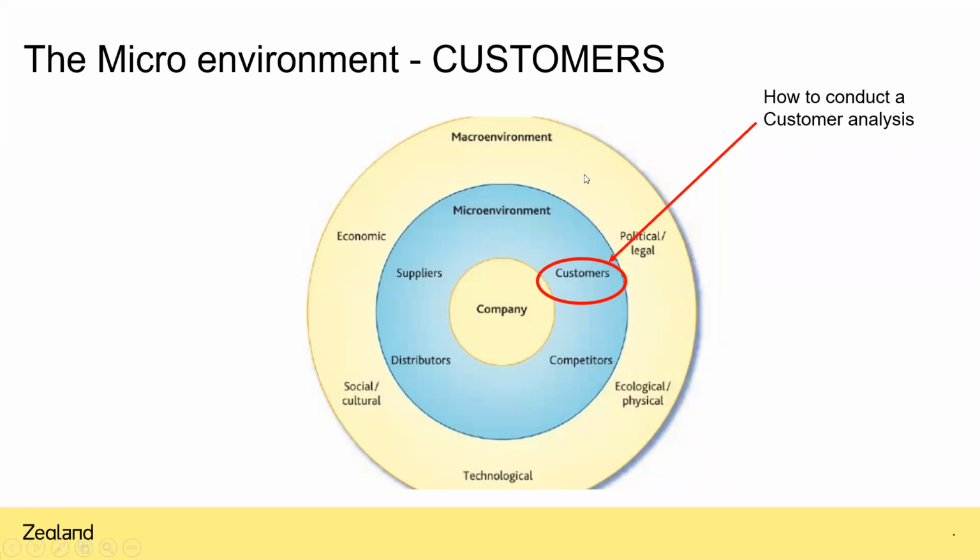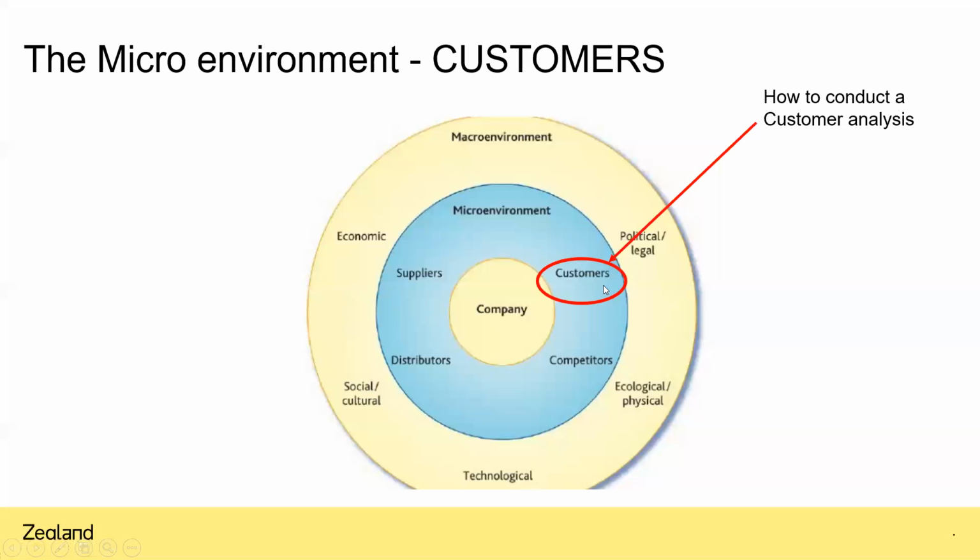Before this, we have already done the microenvironment analysis, and we have also already done the competitor analysis. There are 2 things that are key actually when you do your export analysis or international market selection process analysis: to do an analysis on competitors and do an analysis on customers.